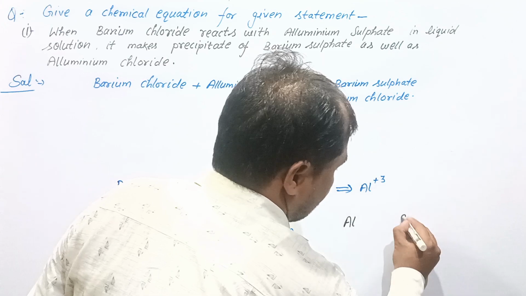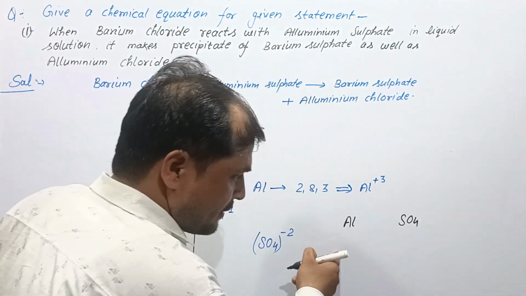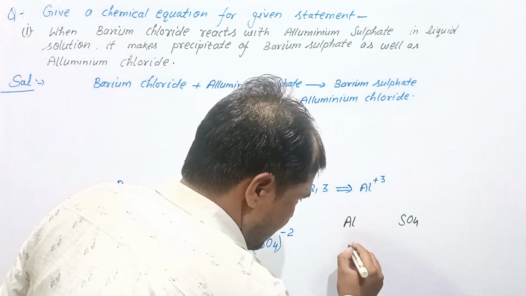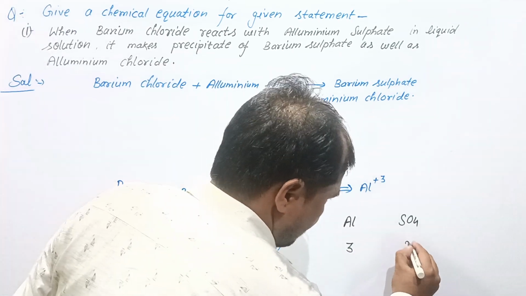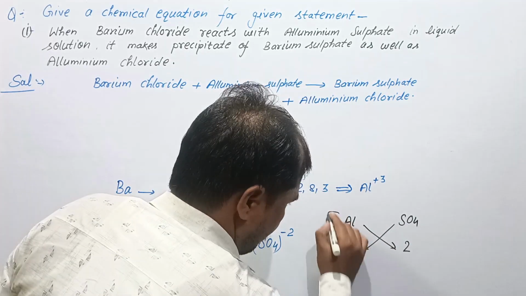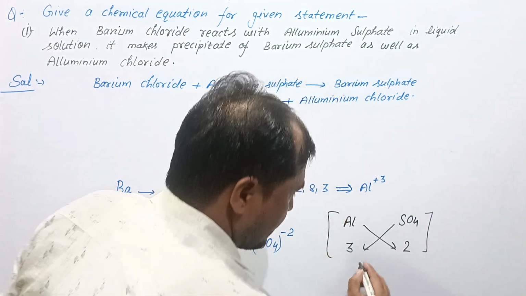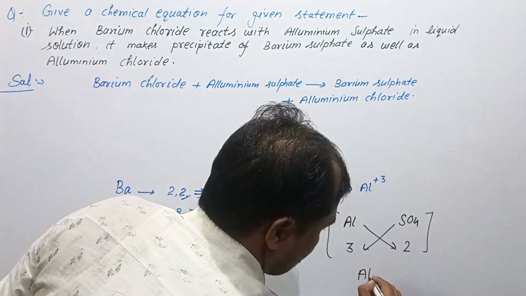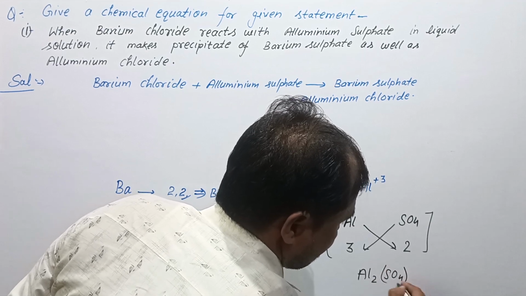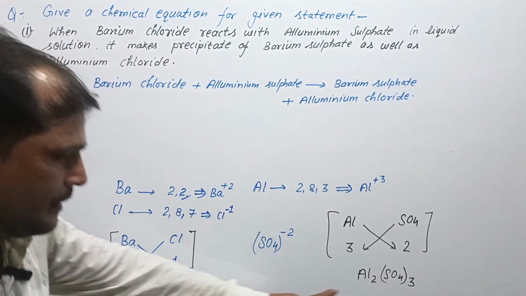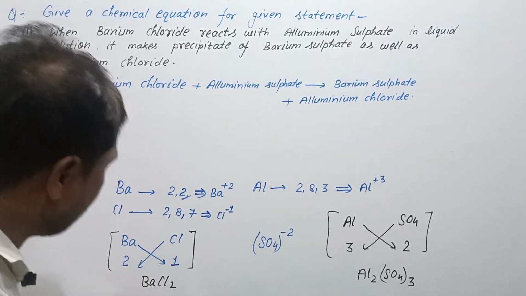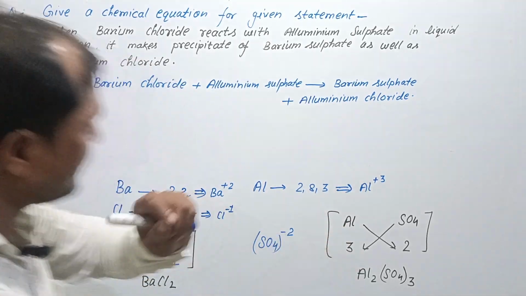Similarly, aluminum and sulfate. Now write the valency of aluminum, 3, and sulfate, 2, crossing them down. By this process, the compound symbol will be Al2(SO4)3. These are the symbols of barium chloride and aluminum sulfate.